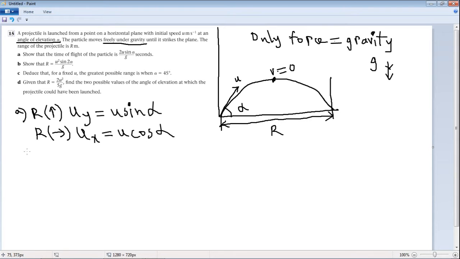So now at first let us resolve vertically, taking up as positive.